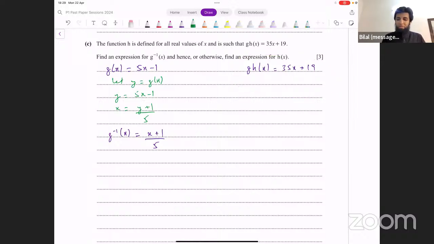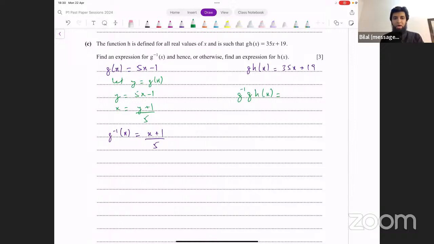All we have to do is make h of x the subject here somehow. For that, we introduce g inverse on the left side. We have g here, right? In order to get rid of this g, we apply g inverse on the left side, so it becomes g inverse of g of h of x.